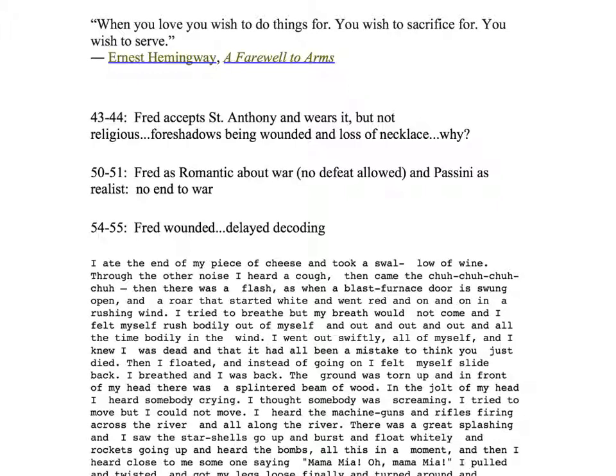And he talks to the priest, and he asks the priest about how he has faith, and the priest says, you'll have faith in God when you love someone else beyond yourself. And the priest said something really interesting. He said, when you are in love, when you wish to do things for them, when you wish to make sacrifices for them, you wish to serve them, and this will lead to a faith in God.